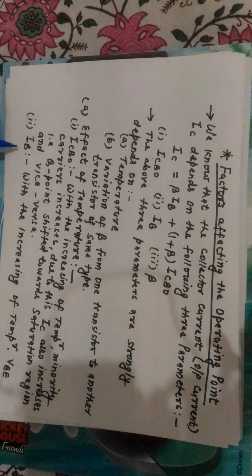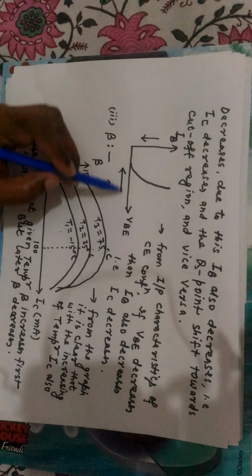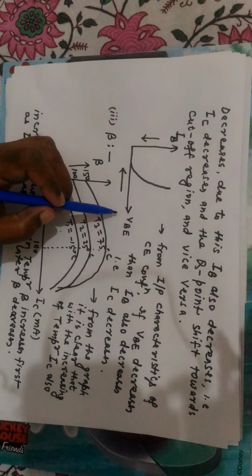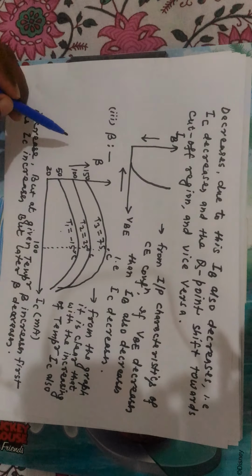Okay, now IB, how IB changes with the variation of temperature. With the increase of temperature, all of us know that the potential barrier decreases, and potential barrier decreases means IB decreases. It can be proved from the input characteristics of the common emitter configuration. If temperature increases, VBE decreases. If VBE decreases, this means IB also decreases.